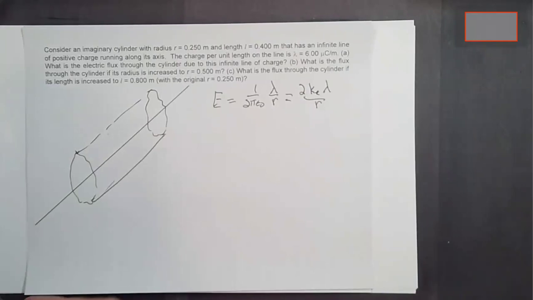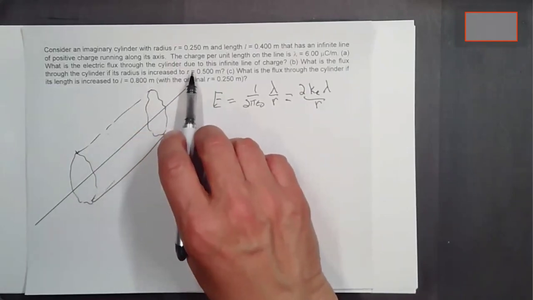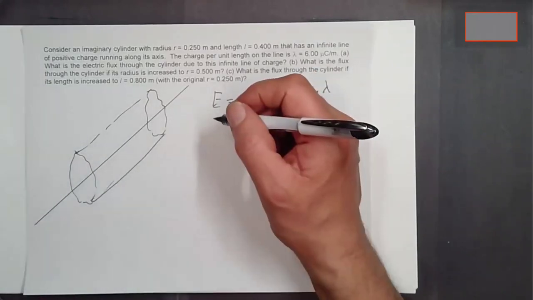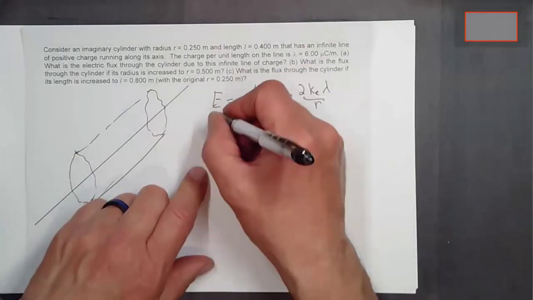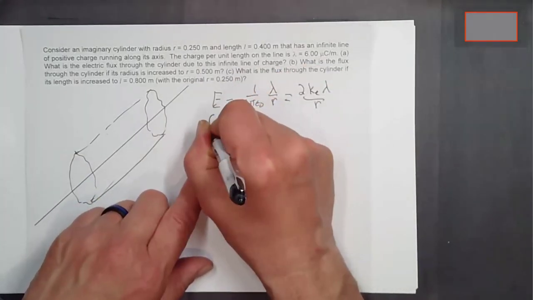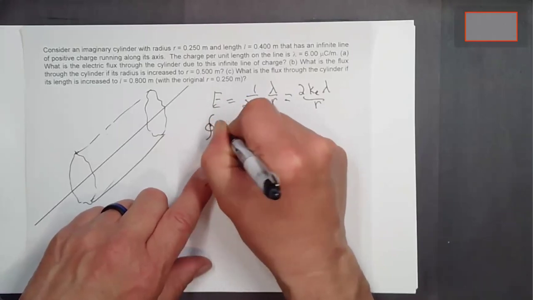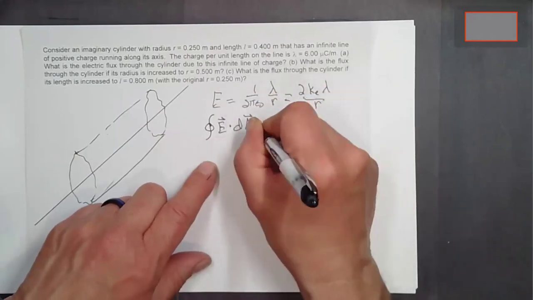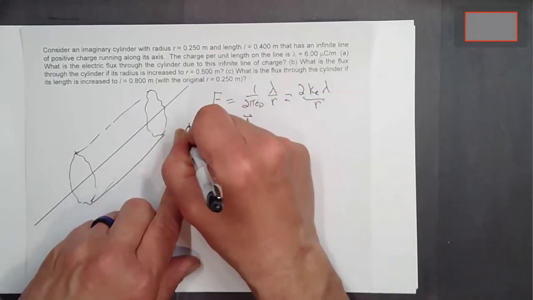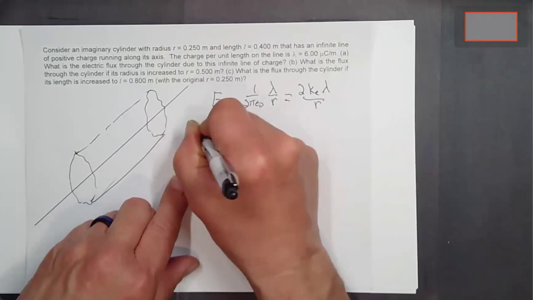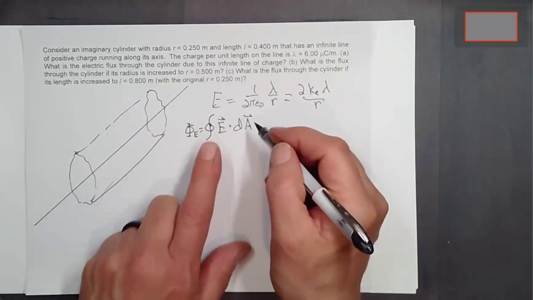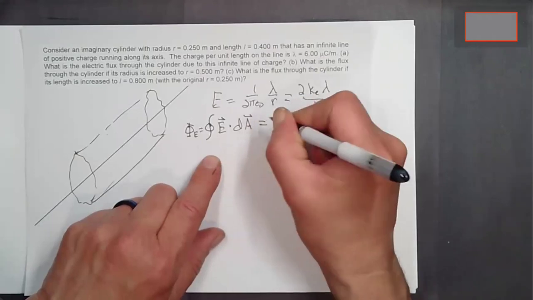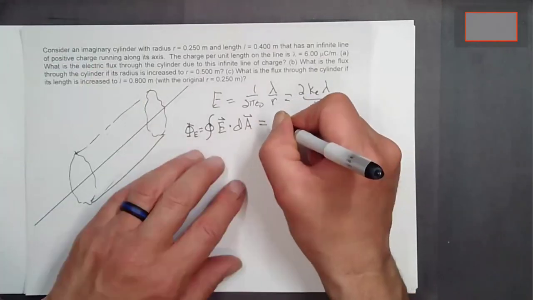Okay, but what's the question? What is the electric flux through the cylinder due to this infinite line of charge? Well, I probably forgot to mention this, but when Gauss's law says the integral of E dot dA, that is actually the flux of the electric field through the closed surface. And so that's what we need to calculate, except for this infinite line of charge.